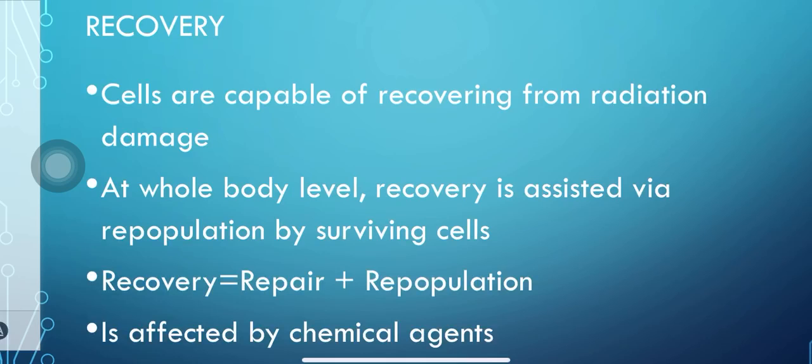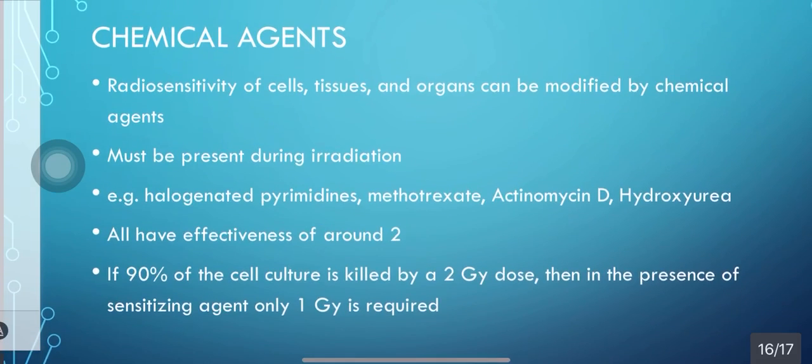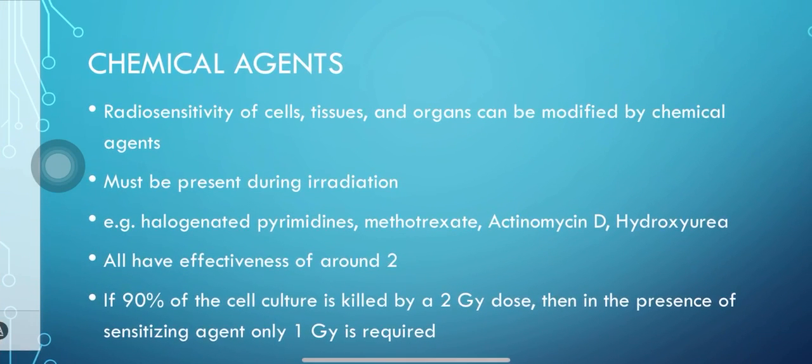This process is affected by chemical agents. Chemical agents may increase the radiosensitivity of cells. Examples are halogenated pyrimidines, methotrexate, actinomycin D, and hydroxyurea. These affect the ability of the tissue to repair itself, so they increase the effect of radiation about twice as much.